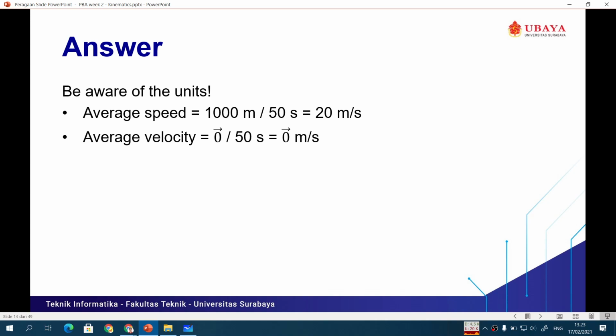But the average velocity is 0 meters per second. Please be aware of the units. If you type in 1 kilometer per 50 seconds, you will get something like 0.02 kilometer per second. But for convenience, let's just use the SI unit, which is meter per second.